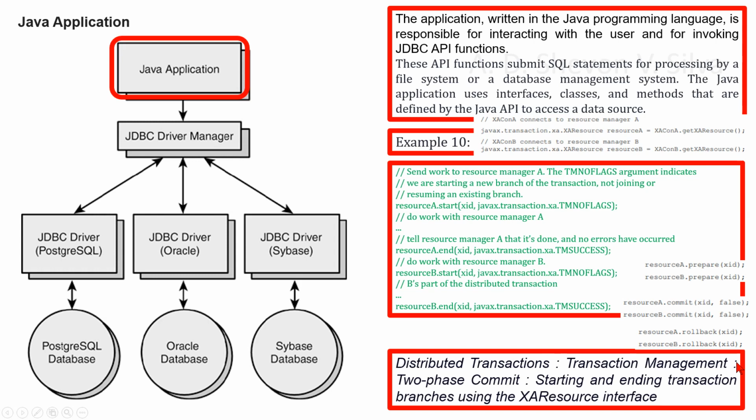If different XA resource objects are used, however, they must be associated with XA connection objects that connect to the same resource manager. Note these steps also apply to the case where XA-con A and XA-con B are physical connections to the same resource manager.